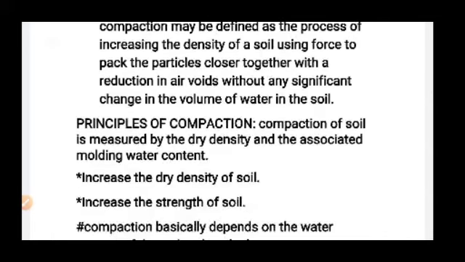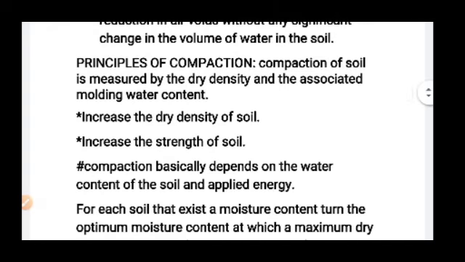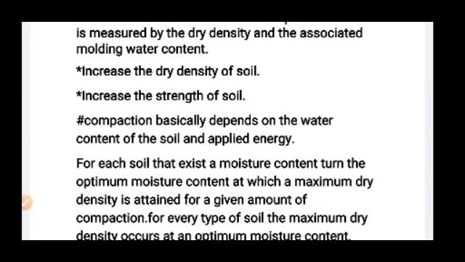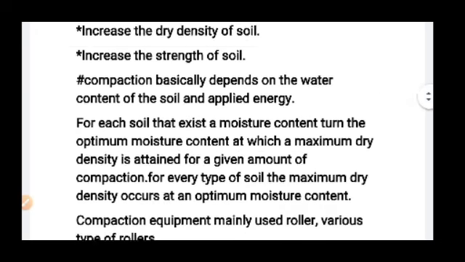Principle of compaction. Compaction of soil is measured by the dry density and the associated molding water content. The main principle of compaction is to increase the dry density of the soil and increase the strength of soil, mainly shear strength. Compaction basically depends on the water content of the soil and applied energy.